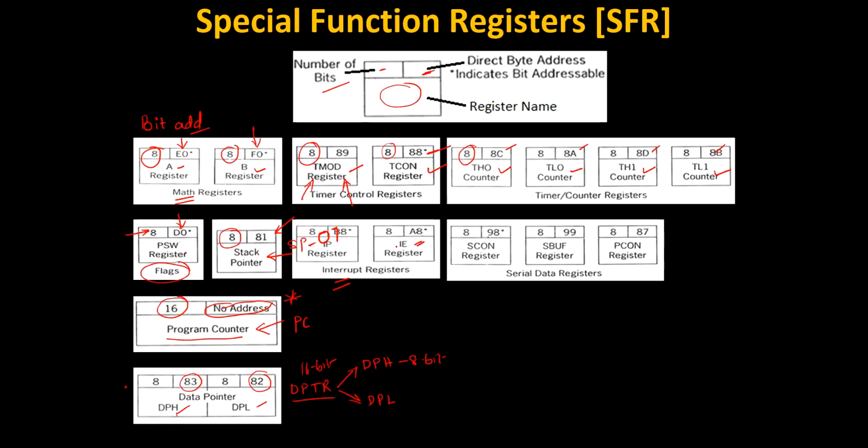For serial data communication and configuring the communication, we can use the serial configuration register, SCON, and you need to store the data using the SBUF register, which is an 8-bit register.